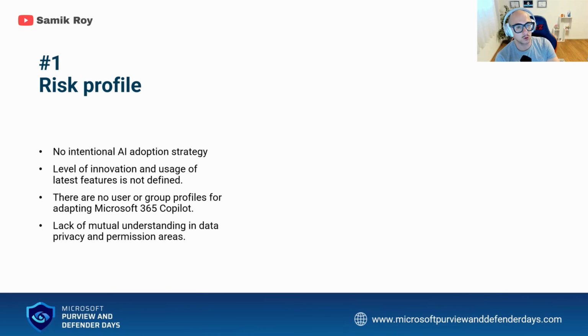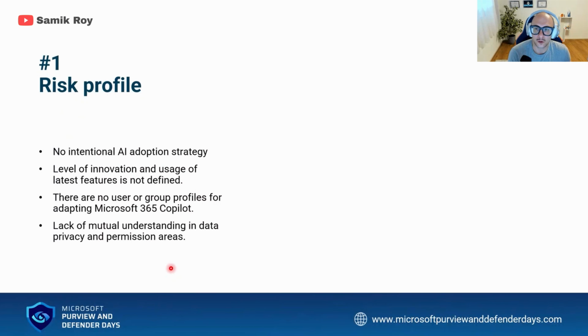And especially the last part is what I see not only from a Copilot perspective, but also from a data governance perspective. If we are talking about data structures, if we are talking about permission models, etc., in organizations there is a lot of times a lack of mutual understanding in how data should be secured and how permission models should work.